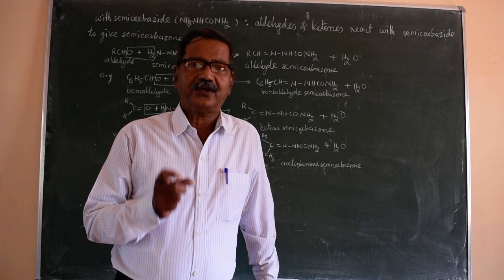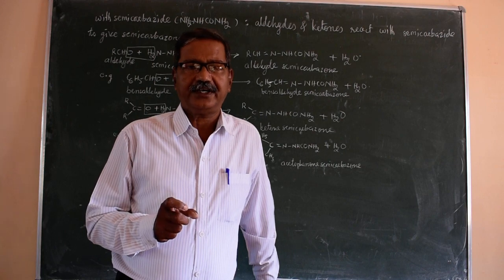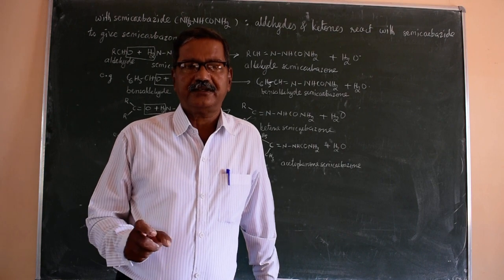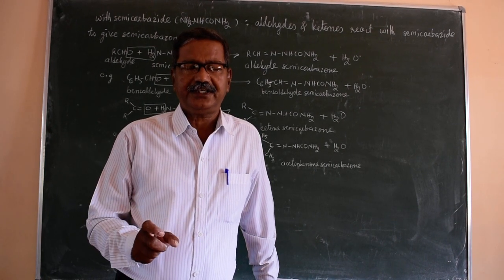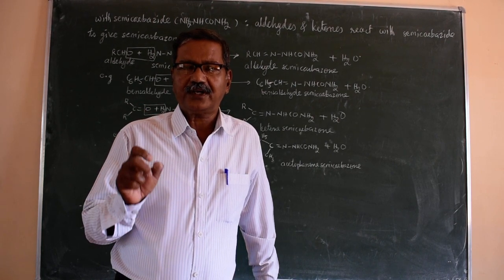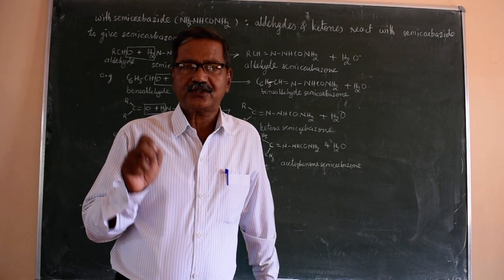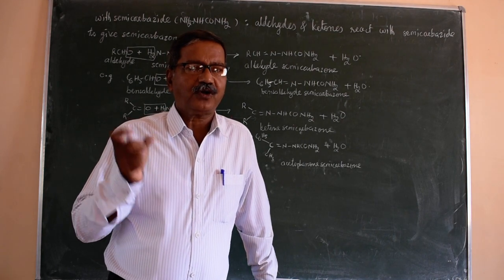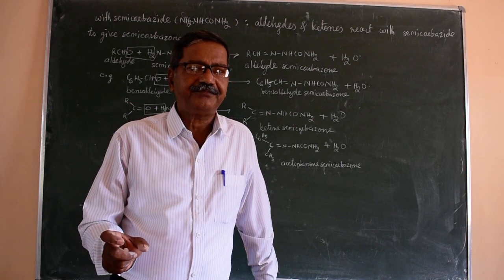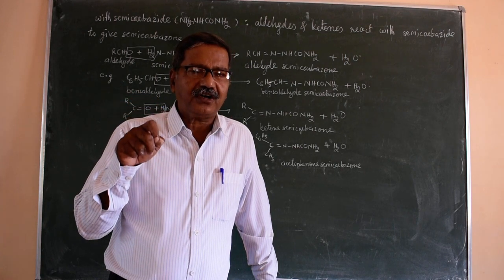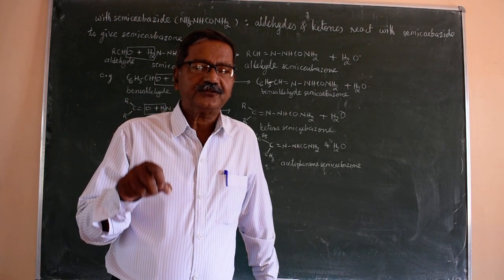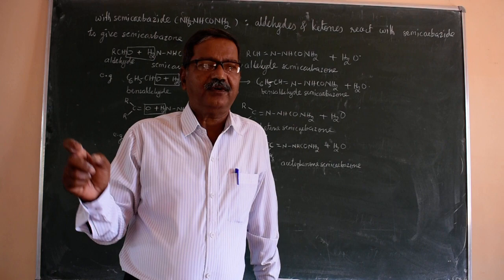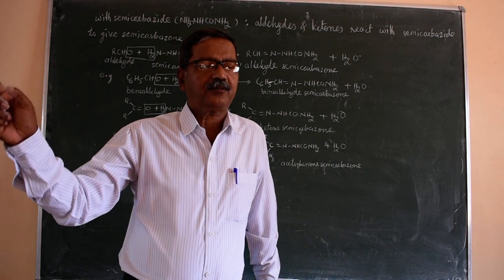Examples of mild oxidizing agents are ammoniacal silver nitrate or Tollens reagent, and Fehling's solution. These two are mild oxidizing agents. With Fehling's solution, you get a red precipitate of cuprous oxide and the aldehyde is oxidized to carboxylate ion or carboxylic acid. If it is Tollens reagent, ammoniacal silver nitrate, you get a black precipitate of silver and the aldehyde is oxidized to carboxylic acid.